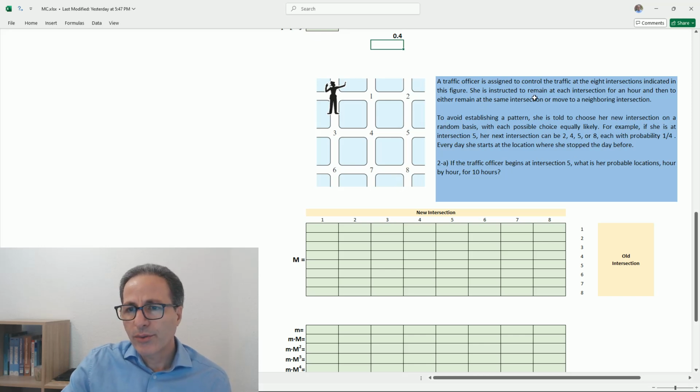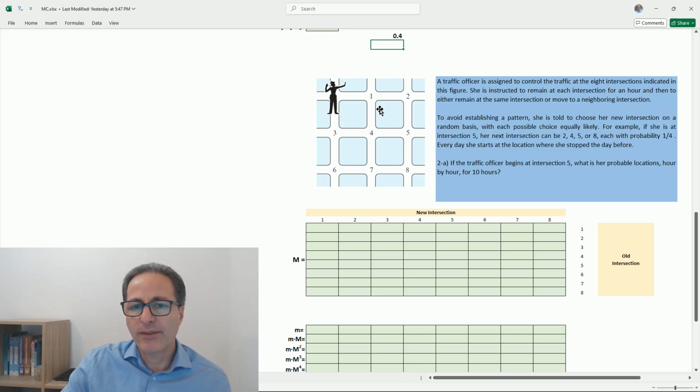She is instructed to remain at each intersection for an hour, and then to either remain at the same intersection or move to a neighboring intersection. So she's not going to follow a specific routine, but move by some probability that we will see.